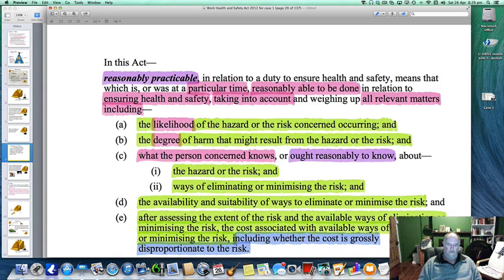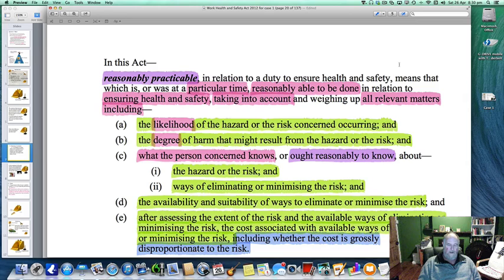Yes, so what the person concerned knows. Okay, so we've done that. What the person concerned knows or ought reasonably to have known about the hazard or the risk and ways of eliminating or minimising the risk. So, for instance, if they said, look, I didn't realise you could buy picks or teeth for the dozer bucket that didn't have pins.